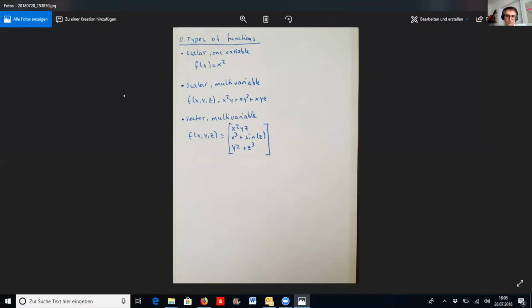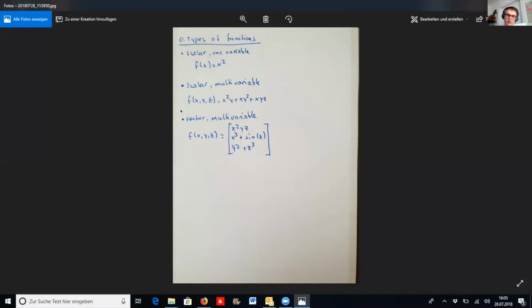First, to remind most of you of the types of functions there are. I think most of you will at least know this one, this is just the parabola. It's a scalar function with one variable. You can also have a scalar function, where scalar means it's just outputting one value, with multiple variables, so x, y, and z, for example, the typical 3 coordinates in the room you may know from school.